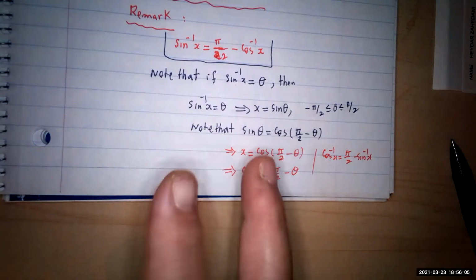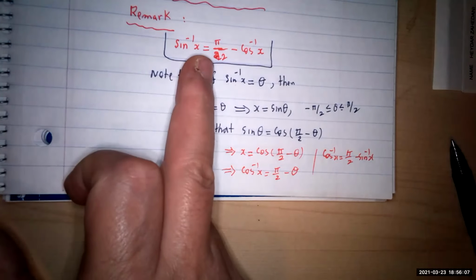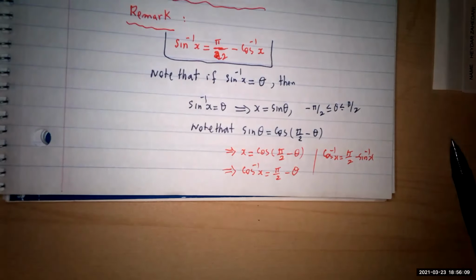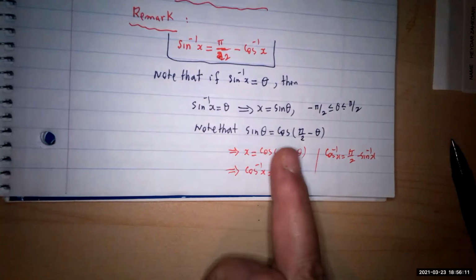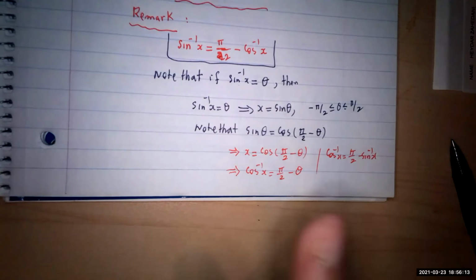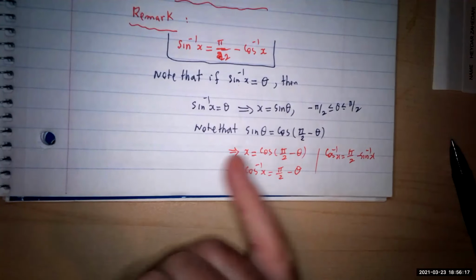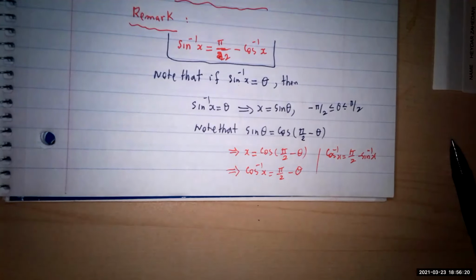So you put the pi half here. You cannot have anything else, because this is only for the pi half, when two angles, we call them cofunctions. When the sum of two angles is 90 degrees, the sine of one of them is the cosine of the other, and the cosine of one is the sine of the other.